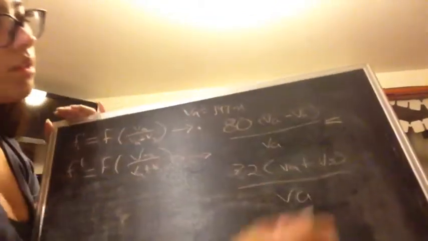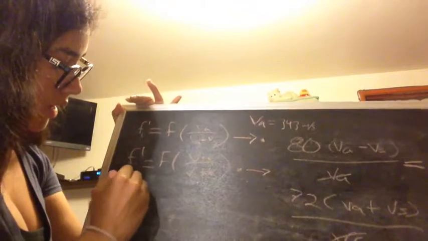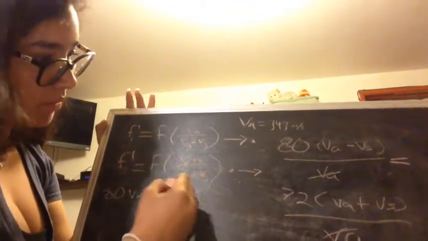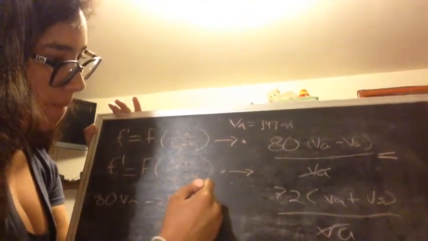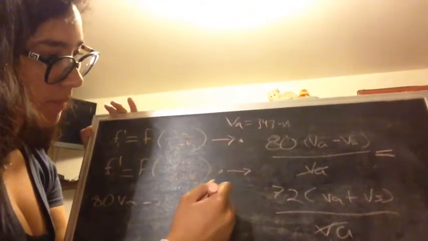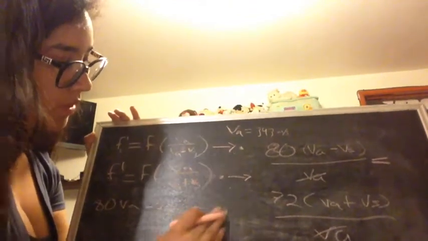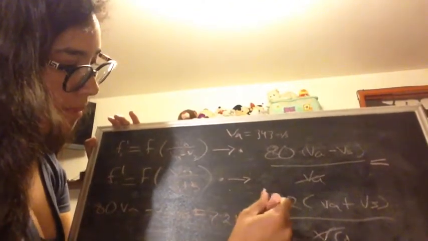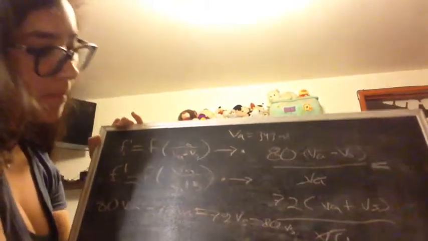So we can cancel these, and we have 80 VA minus 72 VA equals 72 VS minus 80 VS.